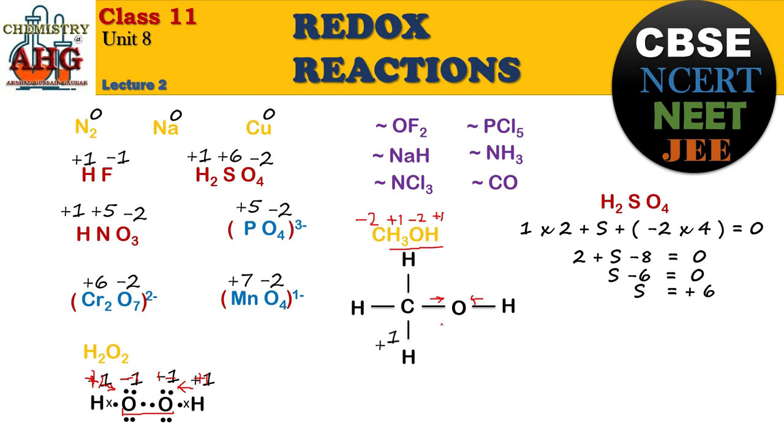So oxygen would be negative, but hydrogen would be positive because carbon is more electronegative. So carbon will attract electron from all of them. Hydrogen is positive. Now you can see there is a total charge of +4 and -2. Take the sum: +4 -2 is equal to +2. That is why the carbon has been taken equal to -2.